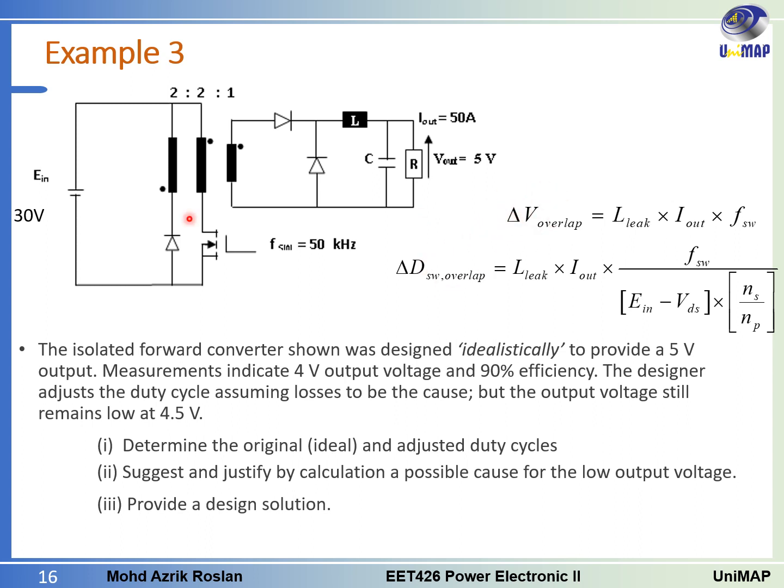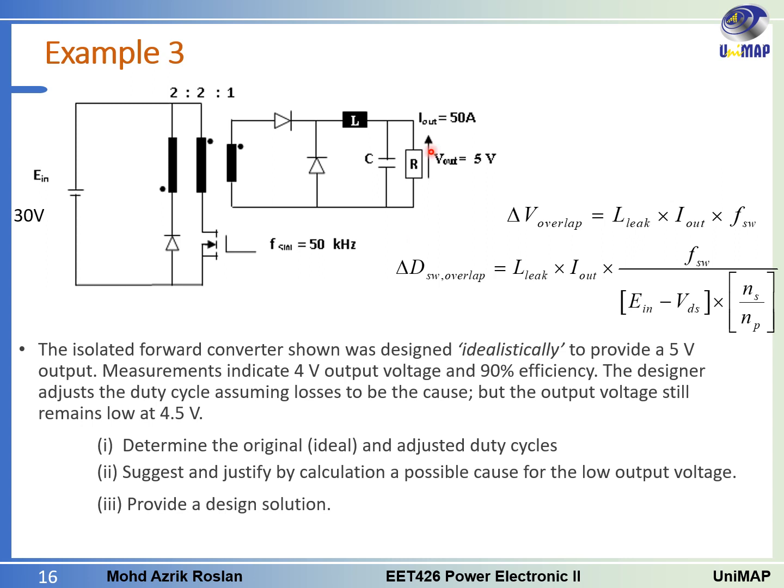Okay, and then the question asks: the isolated flyback converter shown was designed ideally to provide 5 volt output. The measurement indicates that the output voltage is 4 volts, and the efficiency is 90%.